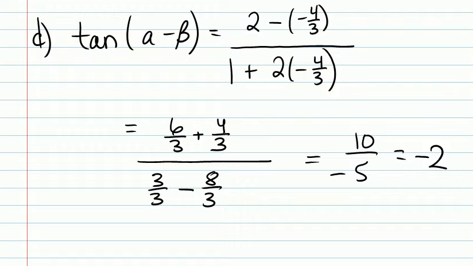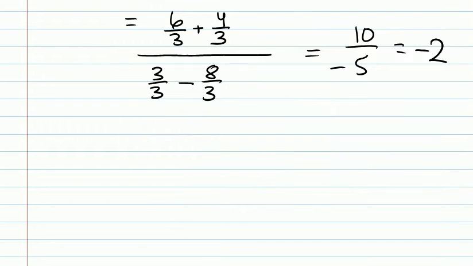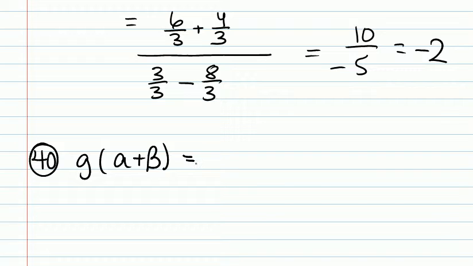So for number 40, it's asking for g of a plus b, and it tells us in the directions that g is cosine. So you're going to go to your sheet and find the rule for cosine of a plus b.